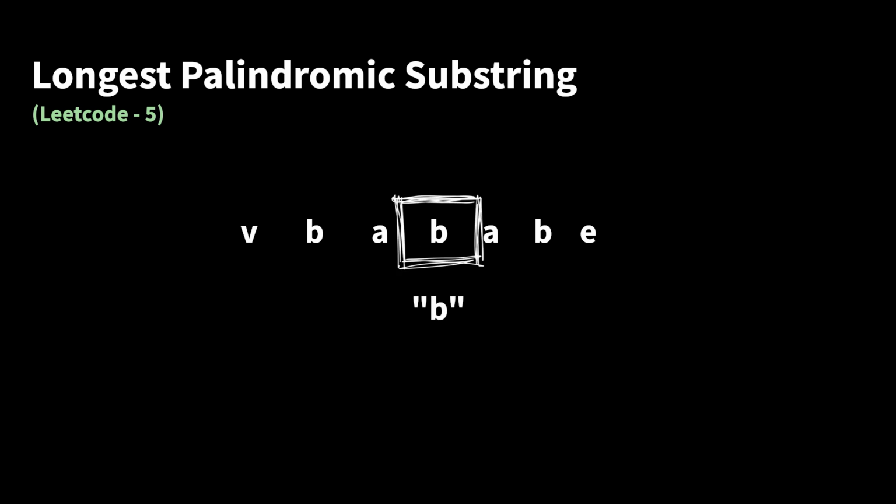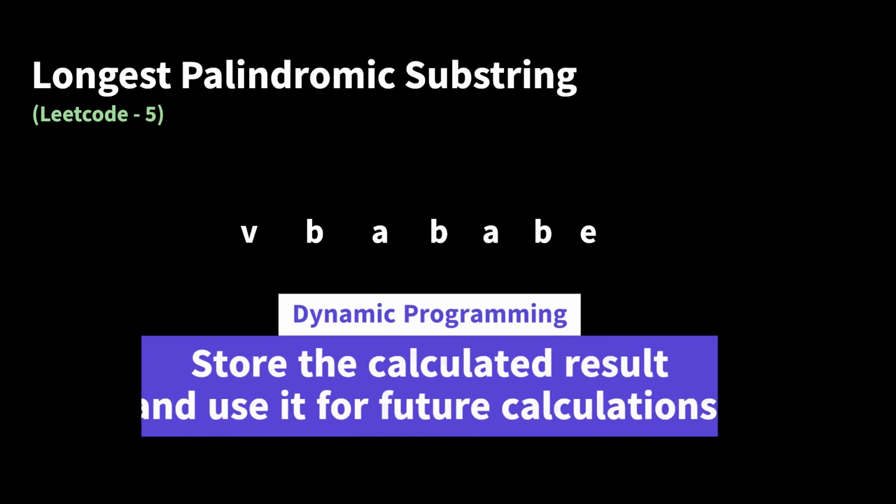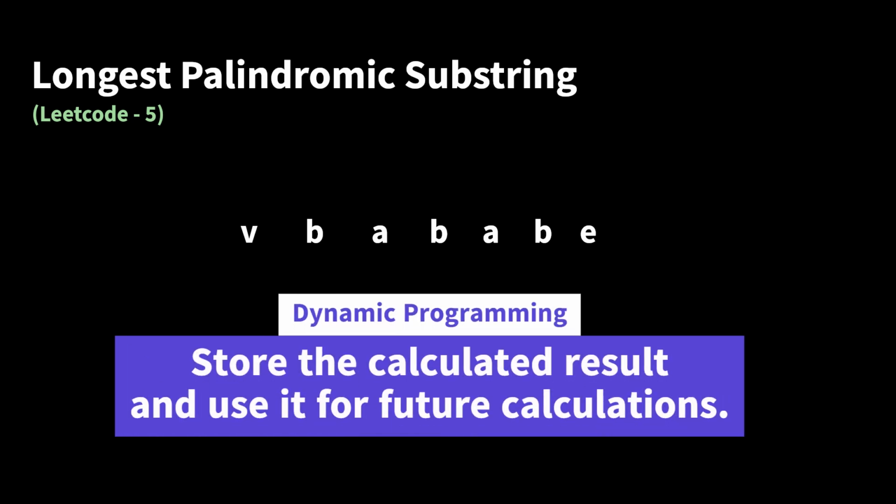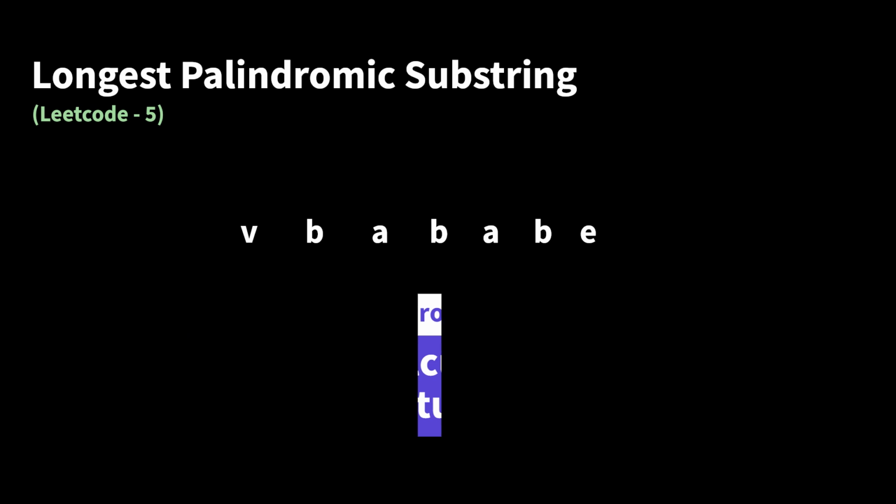So I can simply say each substring of length 1 is a palindrome. In dynamic programming, what we exactly do is calculate one result and store it for future use. So in this particular question, this scenario is going to be our basic condition. We will start with this scenario and go further to calculate.